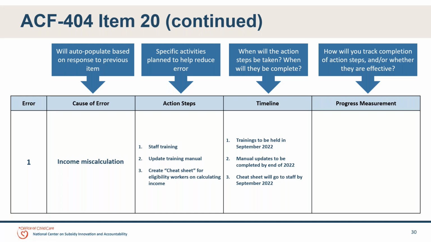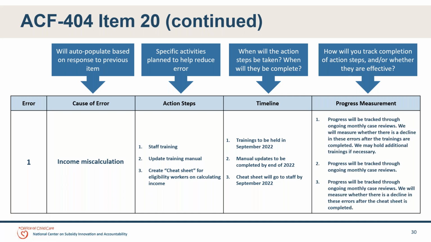And then finally, in the column for progress measurement, describe how you'll track both the completion of your action steps and whether they are having the desired effect in reducing your error. And again, you can use a numbering system just to make sure that everything is neat and clear and lines up.